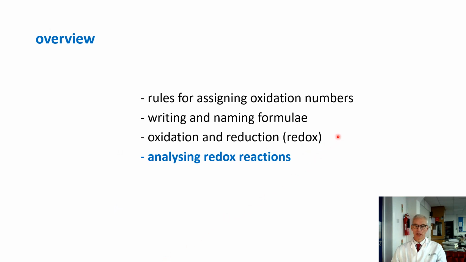Having defined oxidation and reduction in terms of oxidation number change, you now need to be able to look at a redox reaction and decide, well, what's been oxidized, what's been reduced, what are the oxidation number changes.